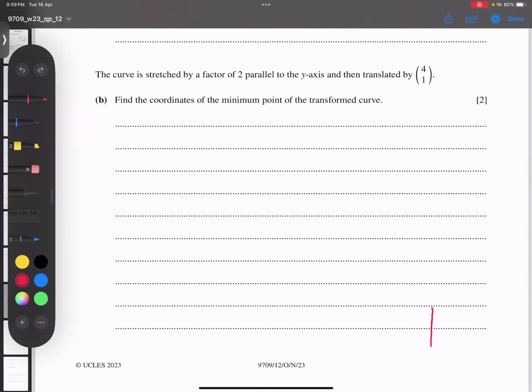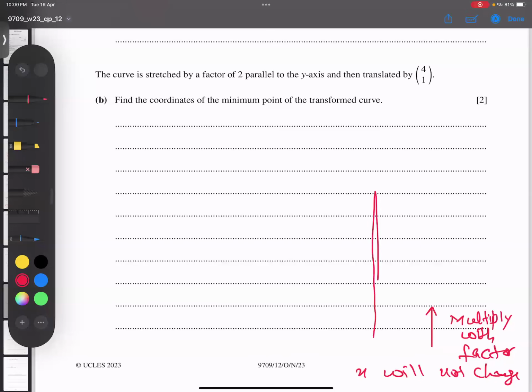Whenever there is a stretch parallel to the y-axis, we multiply the whole equation by a factor of 2, and x will not change. Common sense: when one thing changes vertically, the x value will not change. He said stretch by 2 parallel to the y-axis, and second he said translated.